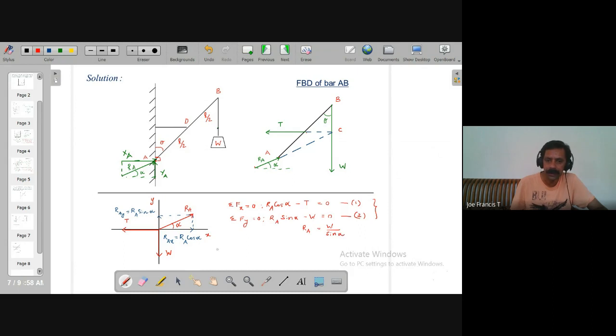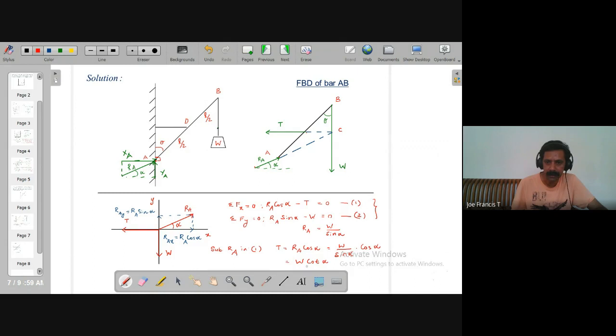You substitute this RA in equation 1. You find that T equal to RA cos alpha, but RA is W by sin alpha, so W by sin alpha into cos alpha, so you get T as W cot alpha.